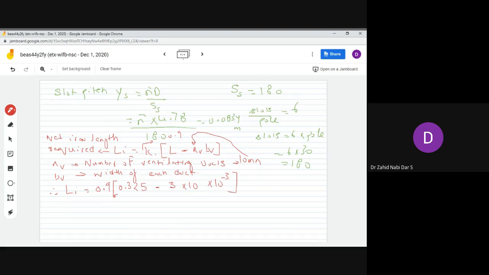This is the formula, wherein 0.9 comes for Ki, and the length is 0.325 which we calculated. We have three ventilating ducts, so NV is 3, and BV, the width of each duct, is 10 mm.